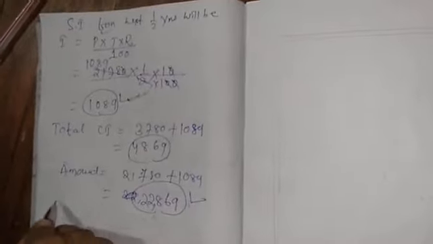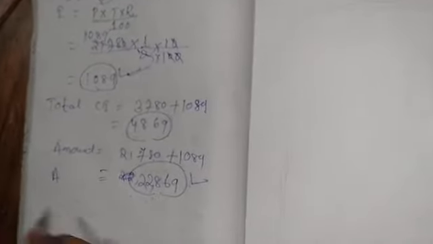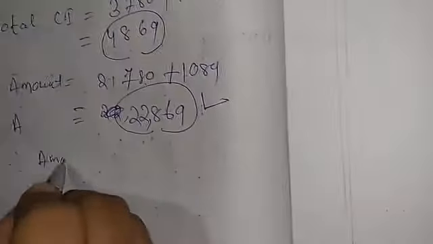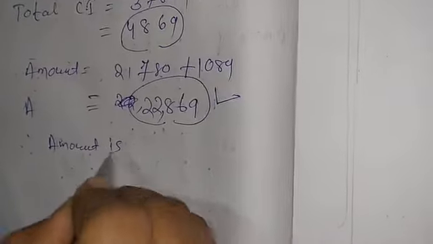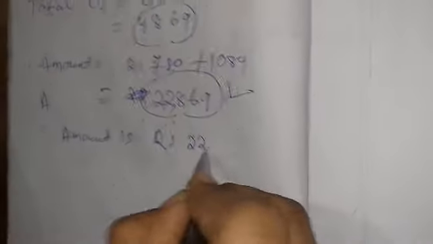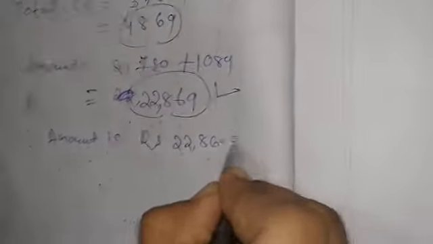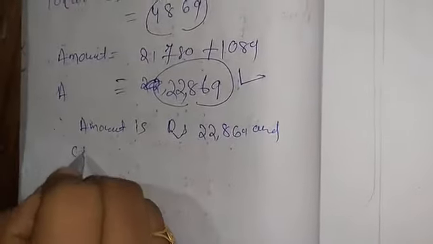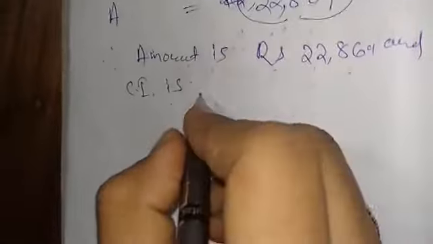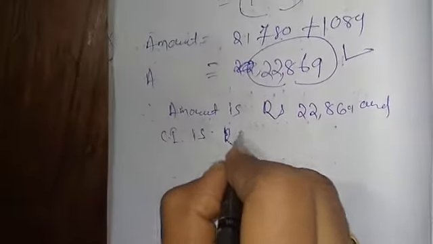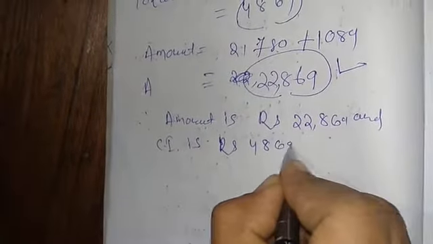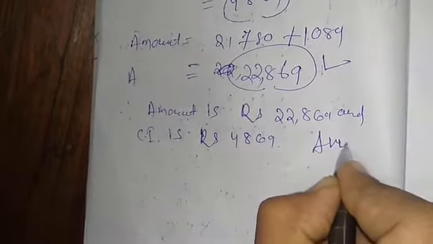So this total amount equals this much. So hence amount is 22,869 and compound interest is 4,869 rupees. So complete the number.